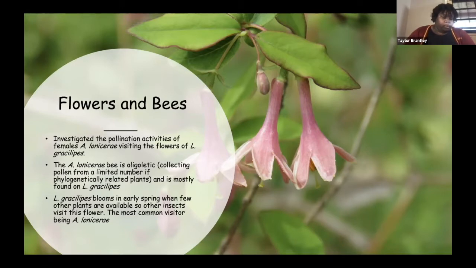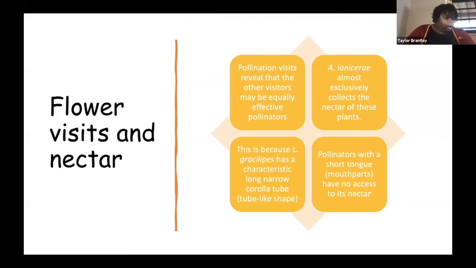This flower blooms from March to May, and because it blooms very early, this flower is frequented by many different insects. Pollination experiments showed that the other visitors proved to be as effective pollinators of this plant as A. lanicerae. But despite this, these other visitors were only able to collect pollen.